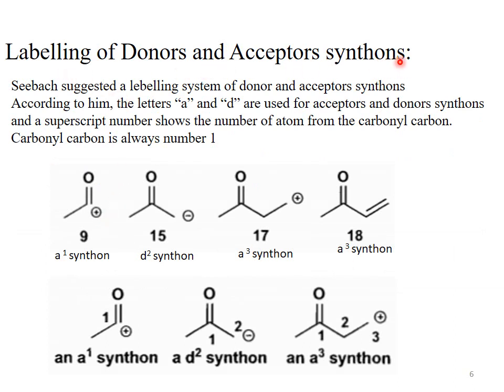Here, labeling of donor and acceptor synthons. In the previous slide we discussed that carbonyl compounds act as electrophile, as well as nucleophile. So when the carbonyl compounds act as electrophile, these are acceptors. These carbonyl compounds are called acceptor synthons.